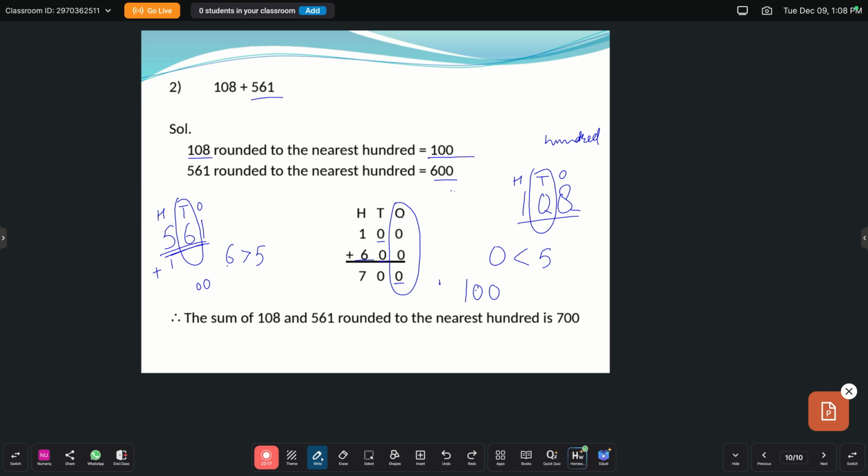Write this 0 here. Then, in the hundreds column, we have 1 in the first addend and 6 in the second addend. So, 1 plus 6 is 7. So, how will you end this question? Therefore, the sum of 108 and 561 rounded to the nearest 100 is 700.